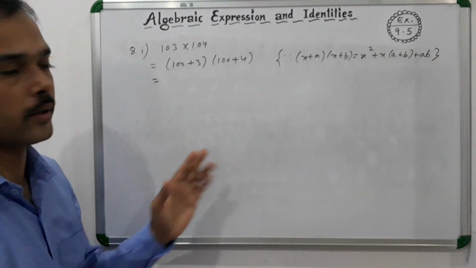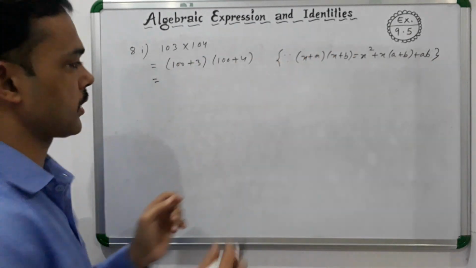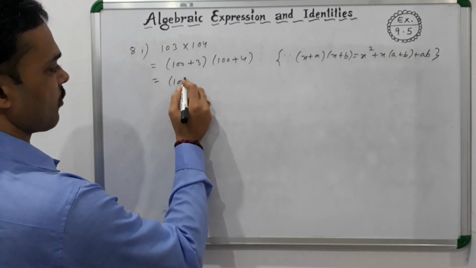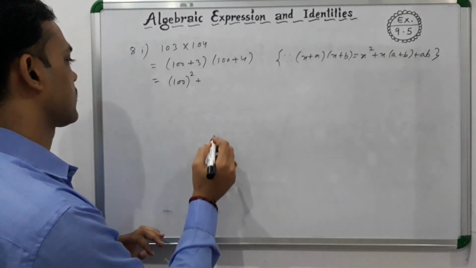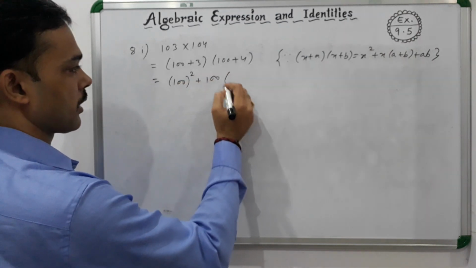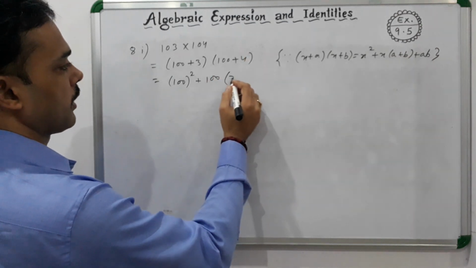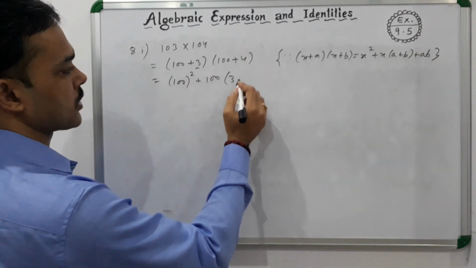Here what will happen is 100 square, because in the beginning we have x square, and in place of x we have 100. So 100 square plus x means 100 into A plus B, plus AB. In place of A it is 3, in place of B it is 4.